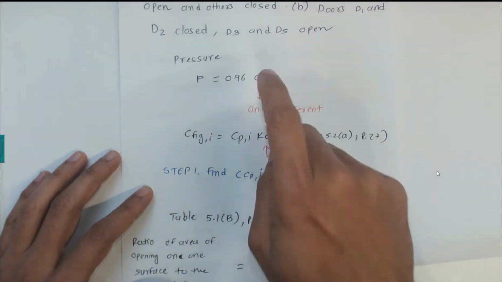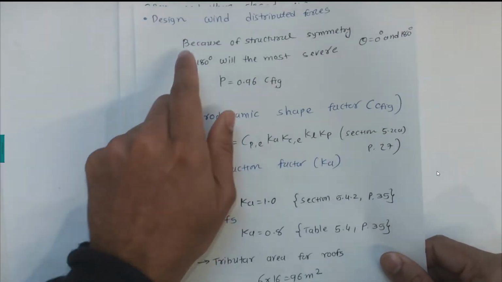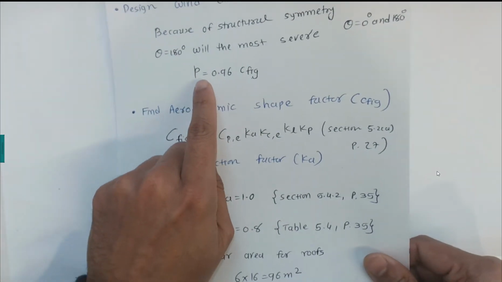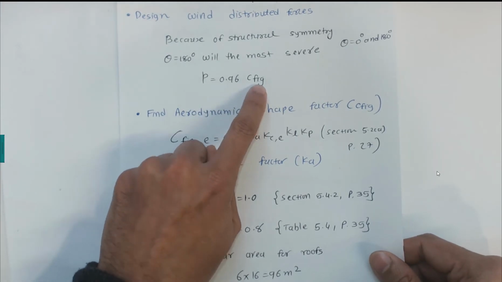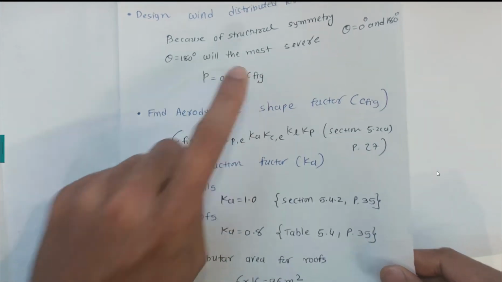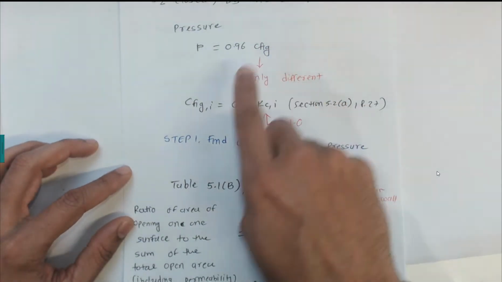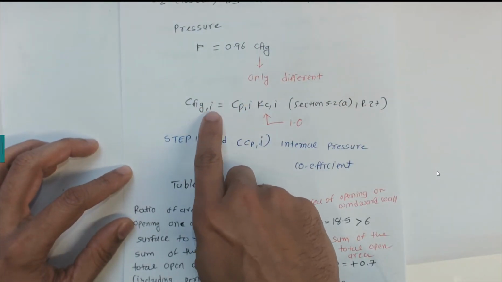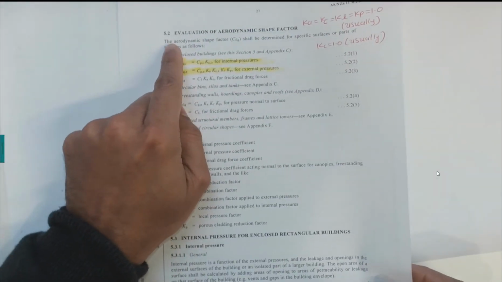Now the equations that we found in the previous case, I can show it here: the design wind distributed pressure, that is P equal to 0.196 C fig. So we are going to use the same equations. For this case we need to find the aerodynamic shape factor for internal pressures, given in section 2.5.2a.